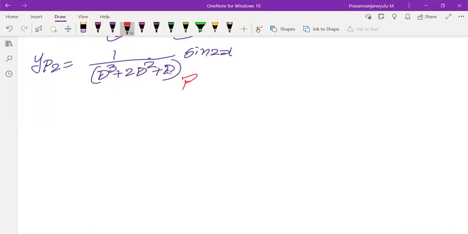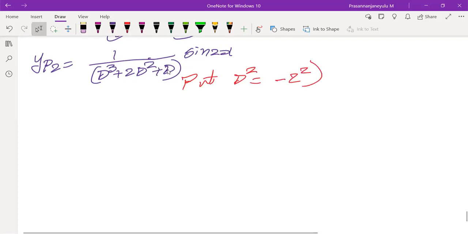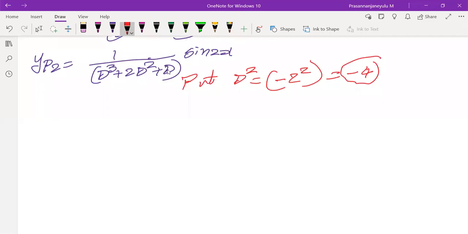Put d square equals minus a square. What is the value of a? 2. Minus 2 square is minus 4. So when we substitute d square equals minus 4, what about d cube? Find out d cube also. d cube equals minus 4 into d, which is minus 4d, obviously.